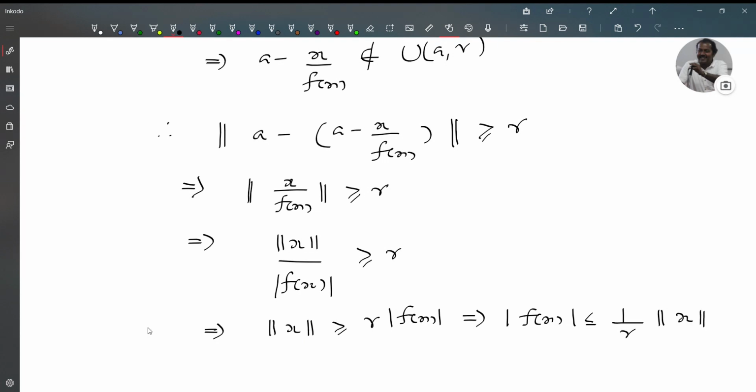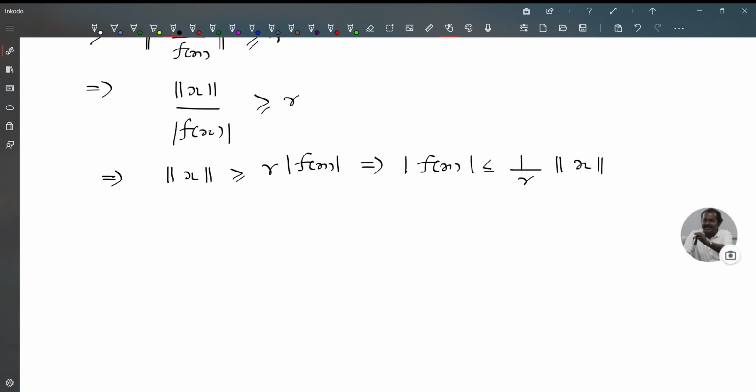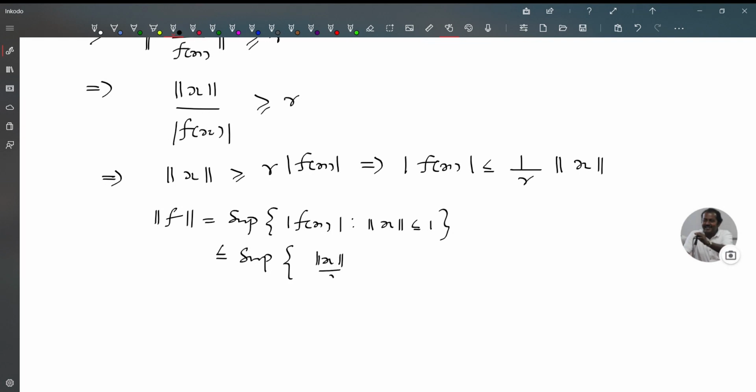Now by the definition of norm f, norm f is equal to the supremum of modulus of f of x such that norm x is less than or equal to 1. So this is less than or equal to the supremum of norm of x by r such that norm x is less than or equal to 1.